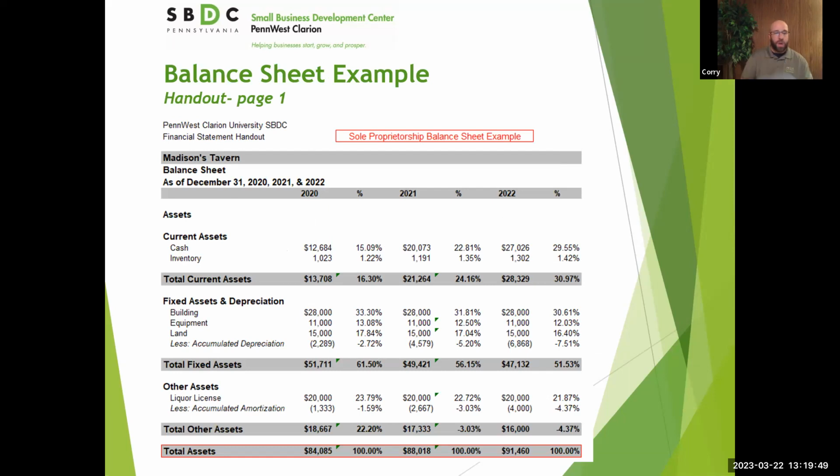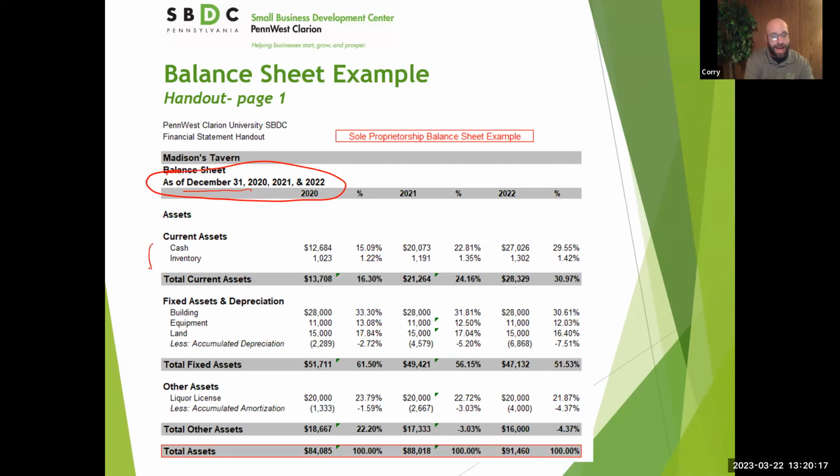Okay, so what we see here is a balance sheet very, very similar to what the Small Business Development Center at Penn West Clarion would assist you with. And as you look at the date there, I mentioned how it's for one particular date and time, December 31st. Okay, and in this case, we've done 3 years worth of balance sheets.